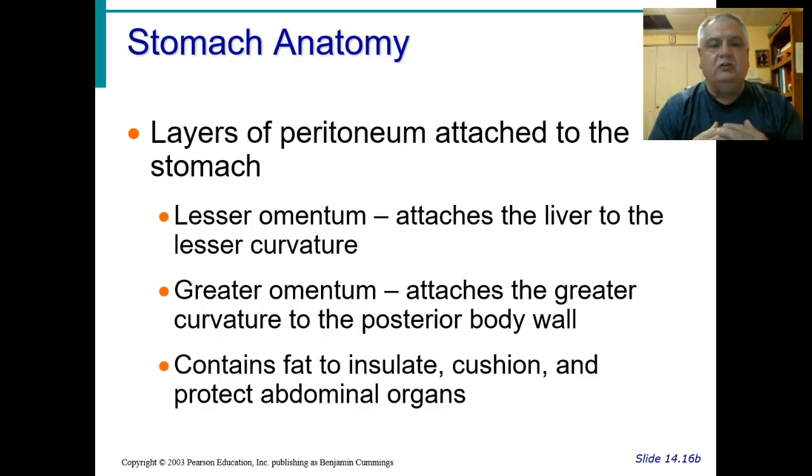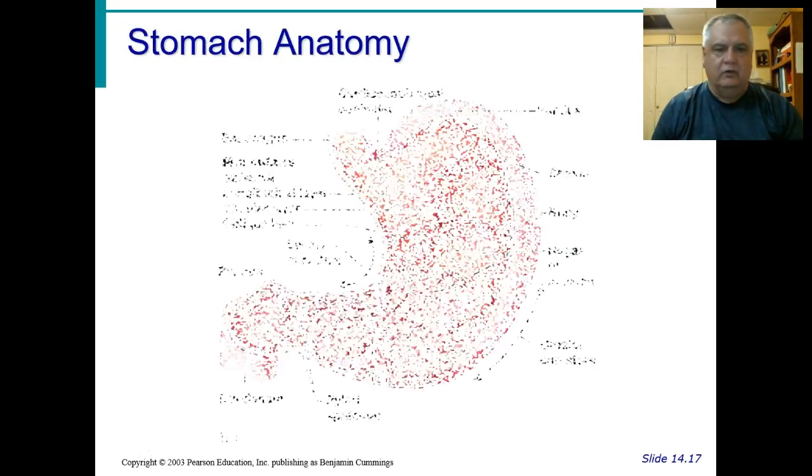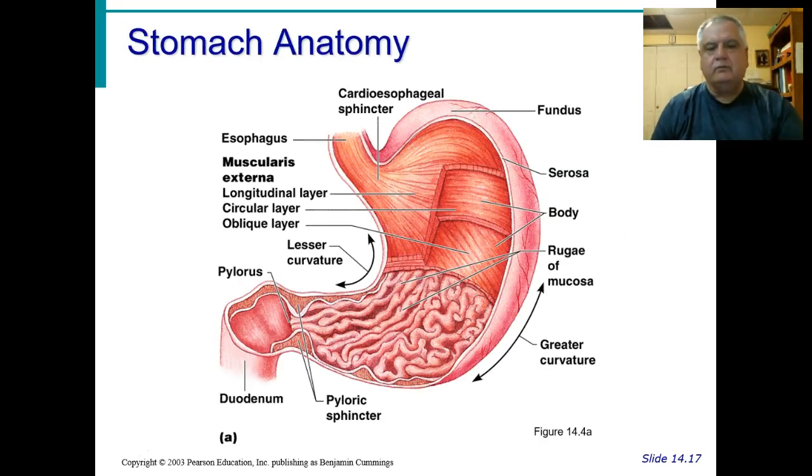It acts as a cushion. Think about it: the stomach is below the rib cage, so there's not a whole lot of bony support to protect it. So it provides cushioning to help protect the stomach. It also forms a curtain down over other organs, providing protection for other abdominal organs like the small and large intestine.